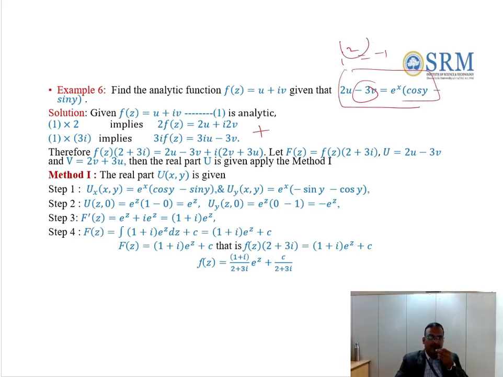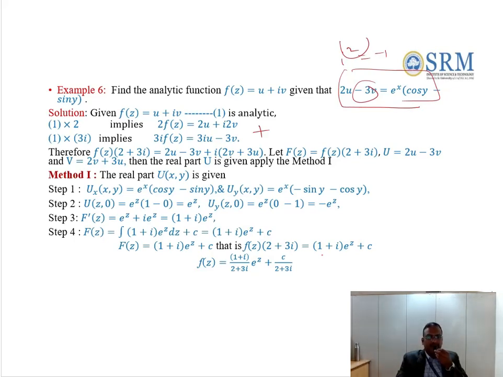Therefore apply the Milne-Thomson first method. After all, we have to multiply the given function f of z by a suitable constant in order to make the given expression either the real part of the new function capital F of z or the imaginary part of capital F of z.